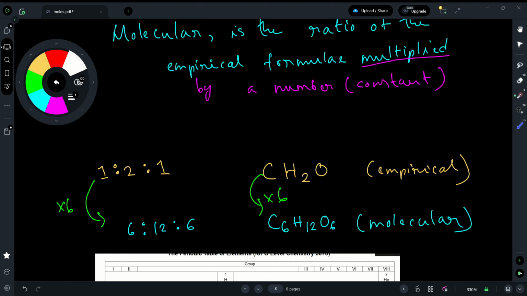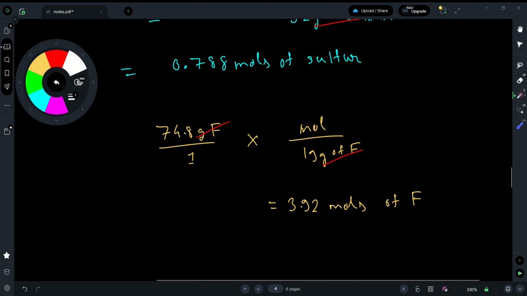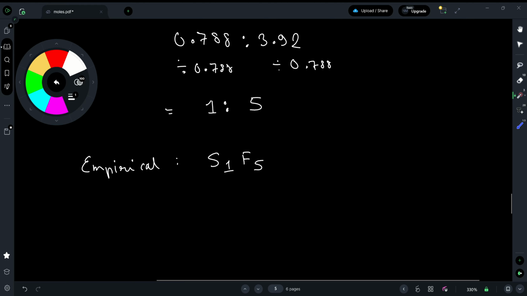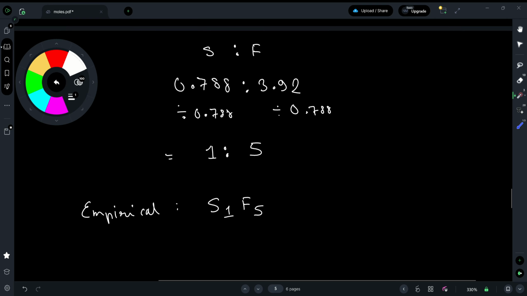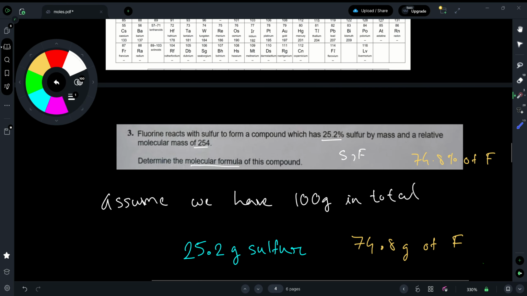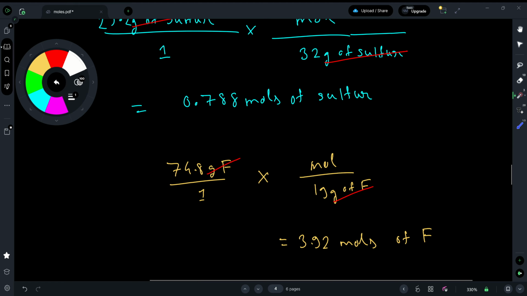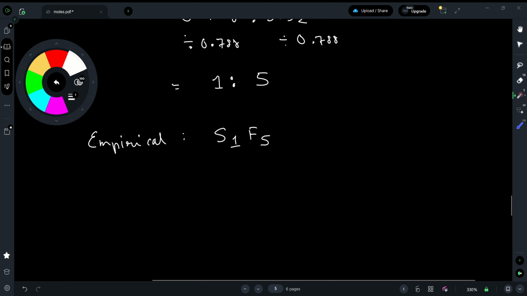So how do we find this number that will change this ratio to this ratio? To do that, you have to divide the molecular mass of the compound, which they've given you as 254, by the molar mass of this S1F5.